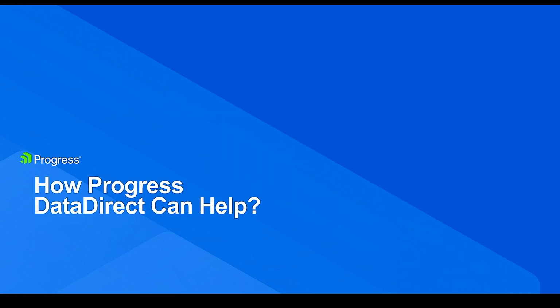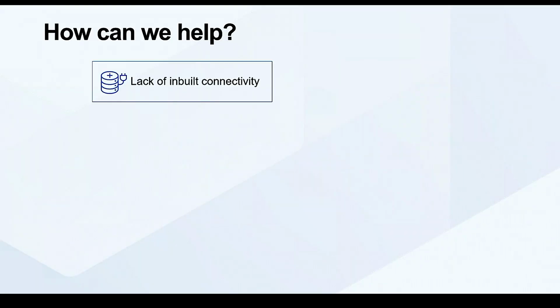So let's look into how Progress DataDirect can help in solving those challenges. The first one is lack of inbuilt connectivity. Using the standard-based connectors, Progress DataDirect can extend the connectivity options of your favorite BI and analytics tool by multifold. Currently, we have 70 plus connectors available.